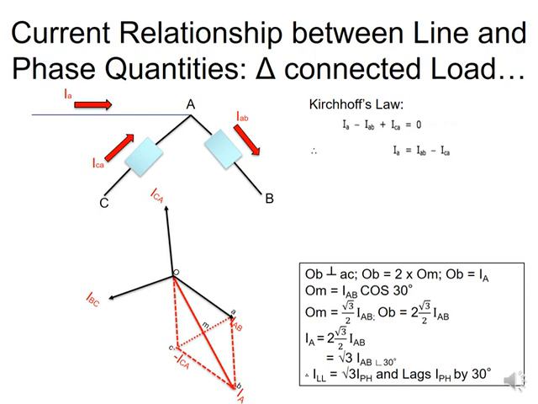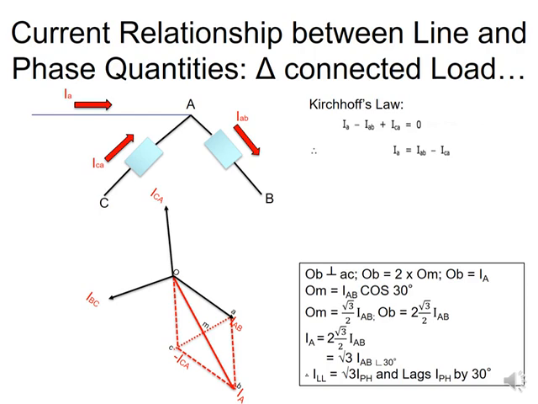Okay, so OB is equal to 2OM, and therefore my OM actually equals IAB cos 30. That's why I wanted to draw this bisector in, so that I can have a 90-degree angle and we can relate to a 90-degree angle triangle, because that's where we have our sines and our cosines and our hypotenuse, our adjacent, and then our opposite sides. Okay, so my OM would be equal to IAB cos 30.